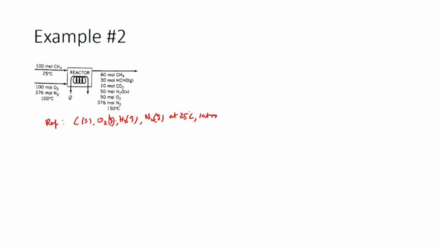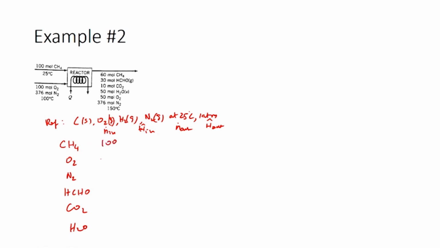Now let us build the enthalpy table. The components you would have are methane, oxygen, nitrogen, formaldehyde, carbon dioxide and water. So, you have n dot in, H cap in, n dot out and H cap out. Let us write down the molar flow rates.